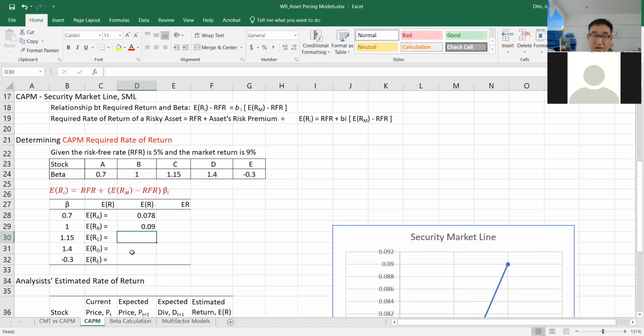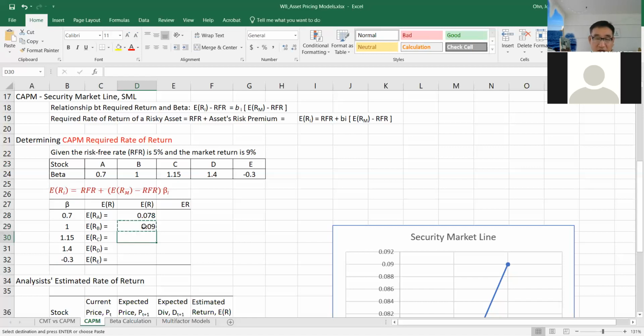I told you this stock B is either the market portfolio or a big mature blue chip stock that behaves exactly like the market portfolio.